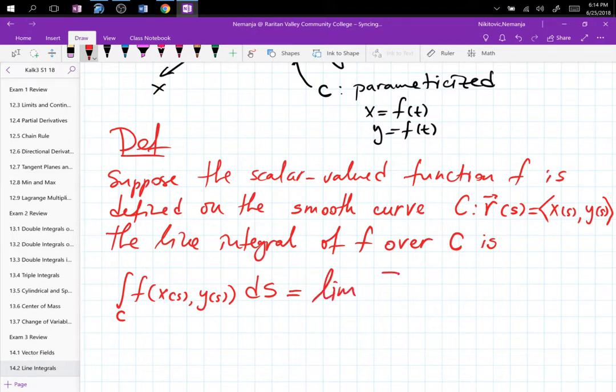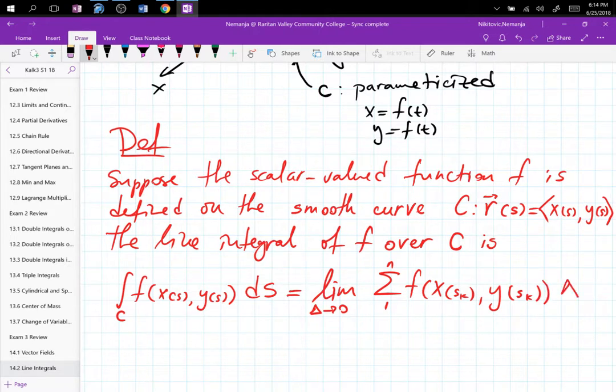Now this is going to be the same stuff that you use in Calculus 1. As delta goes to 0, the sum for k from 1 to n of f of x of s_k and y of s_k times delta s_k.